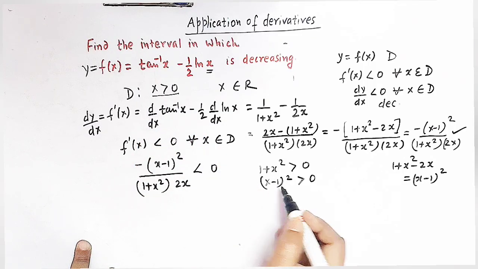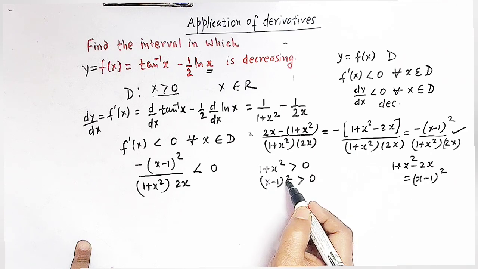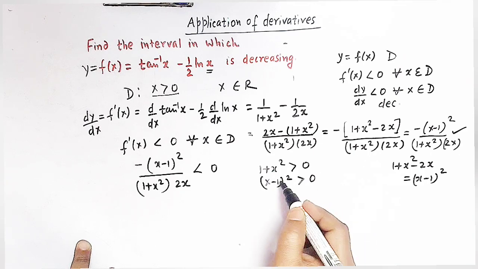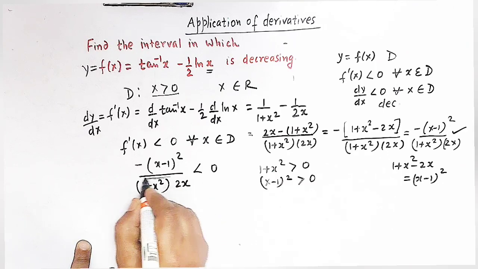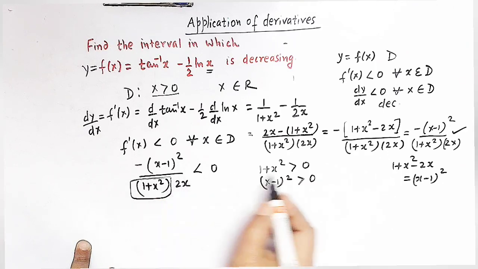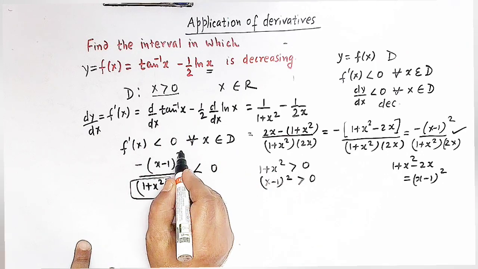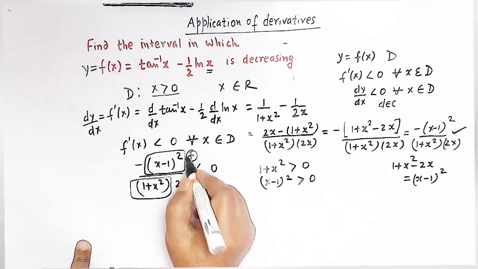So x minus 1 being a square term here, x minus 1 square, this is always going to be greater than 0. So this term is positive for all x greater than 0. Similarly, this term is also positive, right?